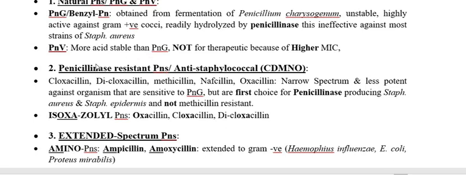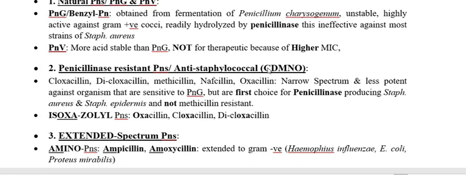Penicillin which is resistant to the enzyme penicillinase is called penicillinase resistant penicillin. To recall the names, remember CDMNO. These are the first letters of all the antimicrobial agents coming under penicillinase resistant penicillin.